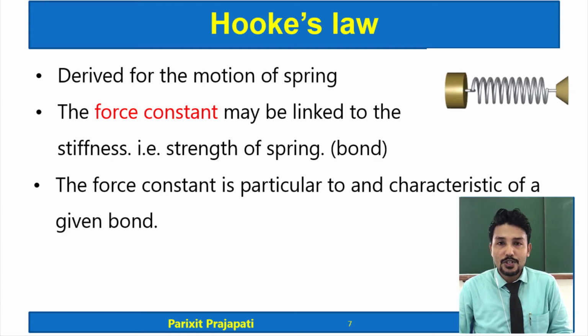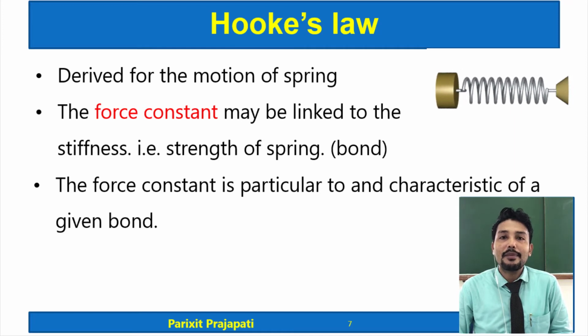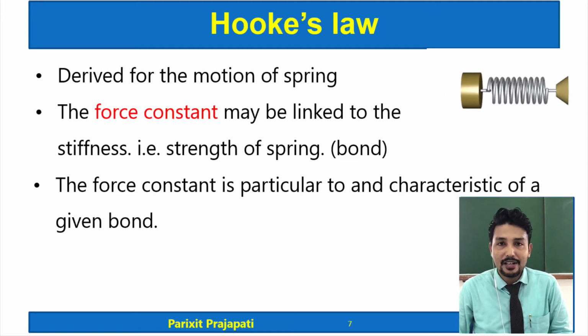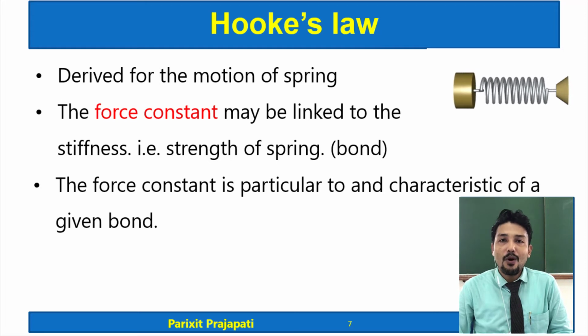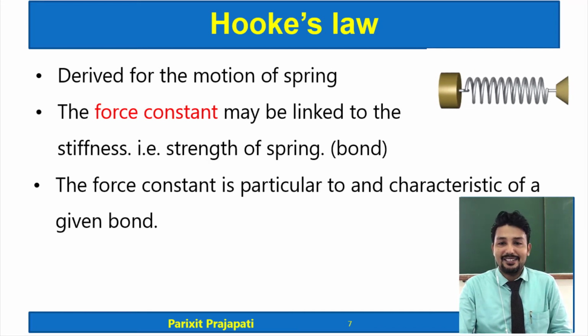If the bond is stronger, it requires more energy to cause the transition between different vibrational levels. More energy means it requires more frequency or more wave number. So the bonds which are stronger appear at higher wave numbers in the IR spectrum.